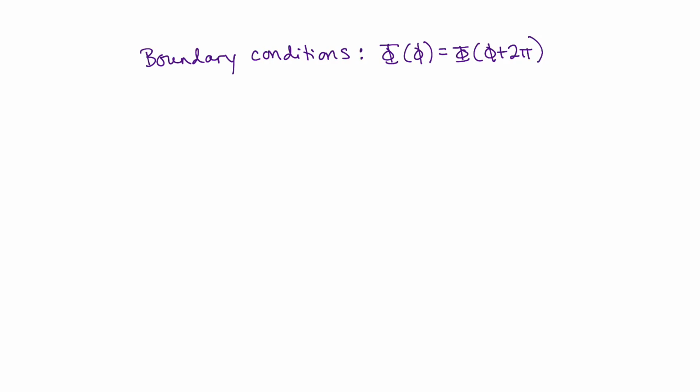All right, so let's focus on these boundary conditions. So what this is telling us is that our function at phi plus 2 pi, so just plug that into our solution expression, must be equal to our function at phi.